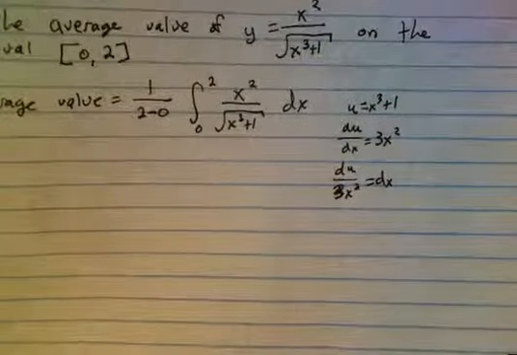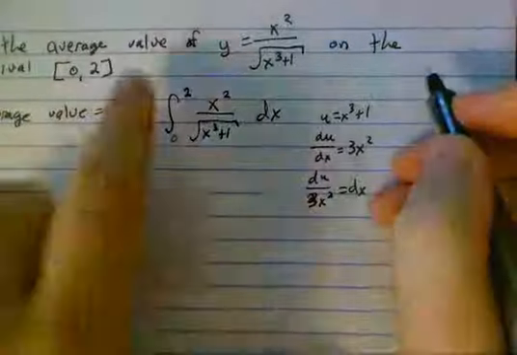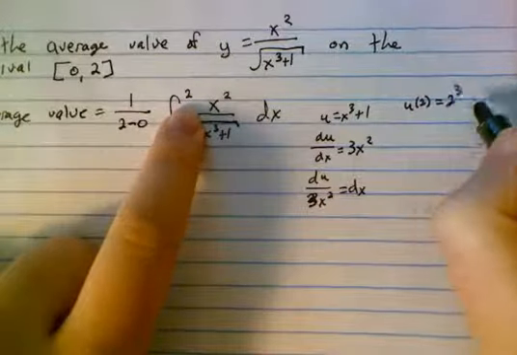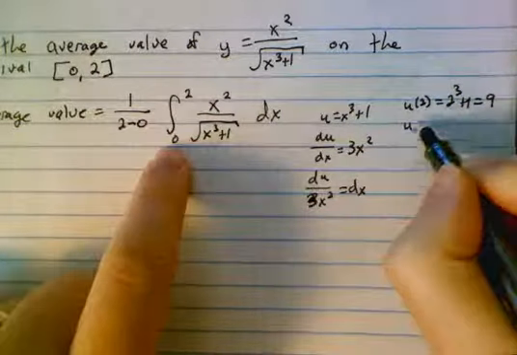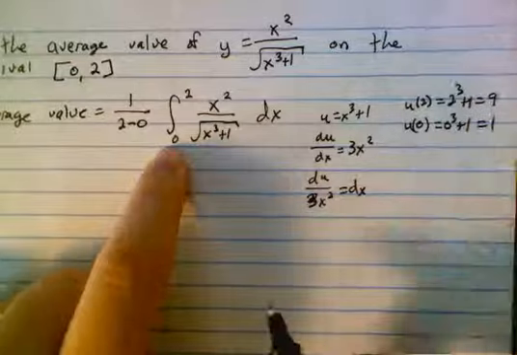We're also going to need to convert our bounds. Here, when x is 2, u of 2 is 2 cubed plus 1, or 9. u of 0 is 0 cubed plus 1, or 1.